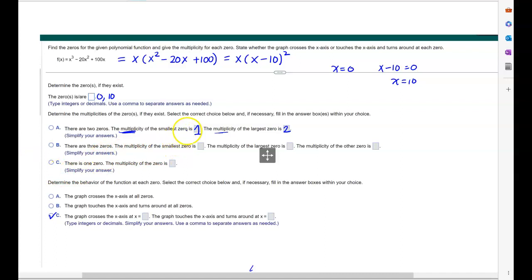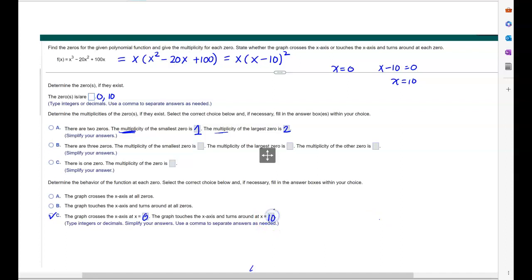So for the smallest zero, for x equals 0, the graph crosses at that point, because the multiplicity there is 1. Now the graph touches at x equals 10 because the multiplicity there is even.